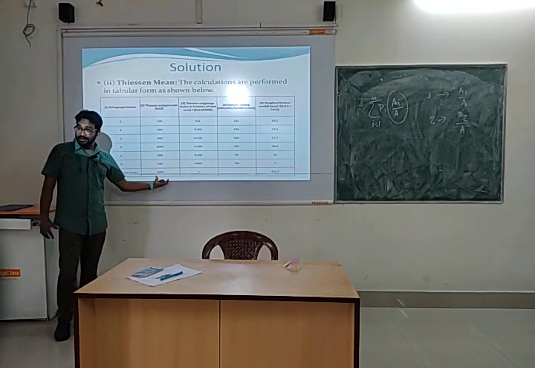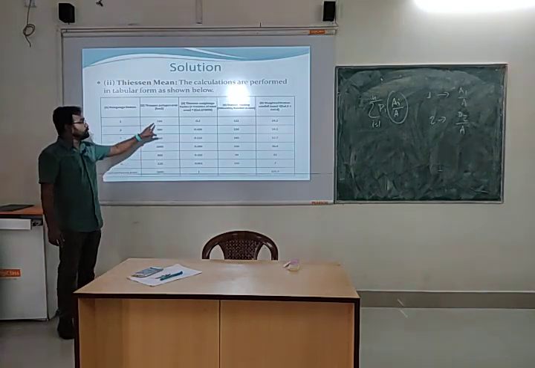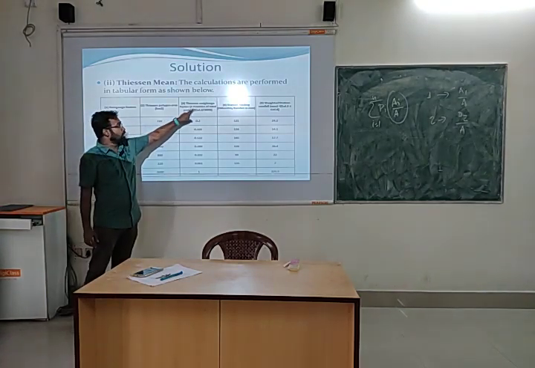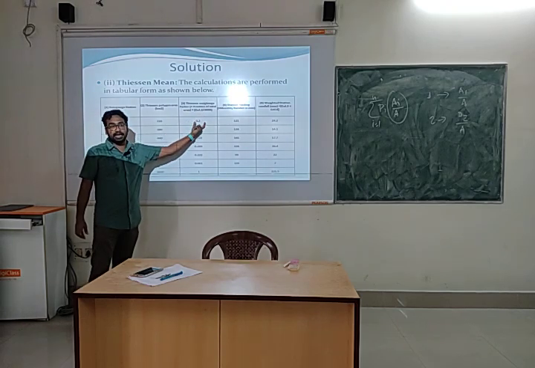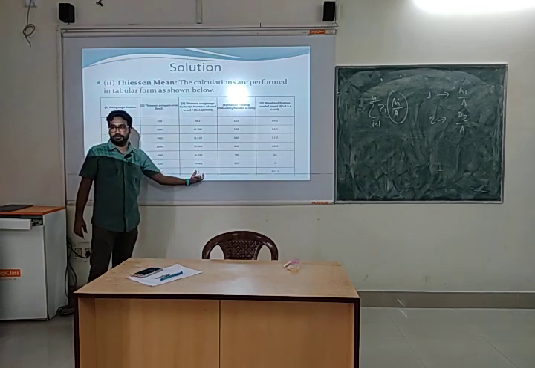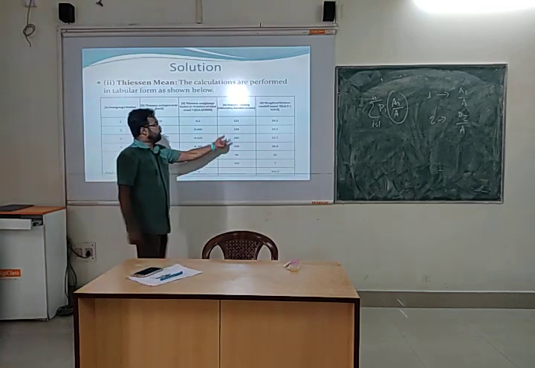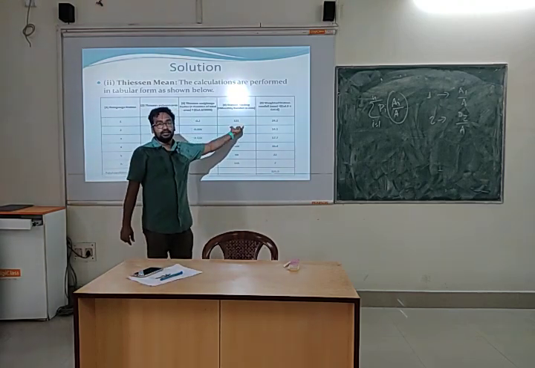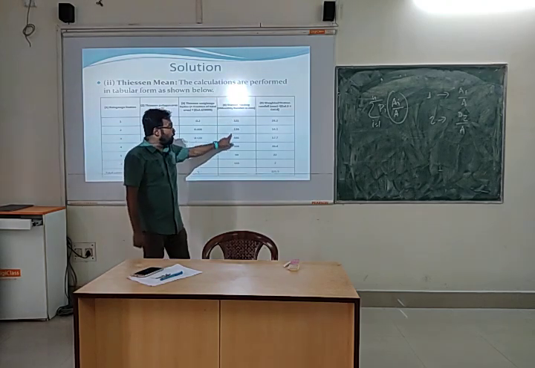Now this is A, this is A1, A2, A3, and so on. If you divide column number 2 by 3600, you will get Ai by A itself, right? Now we have the precipitation values, in millimeters, for all the stations.